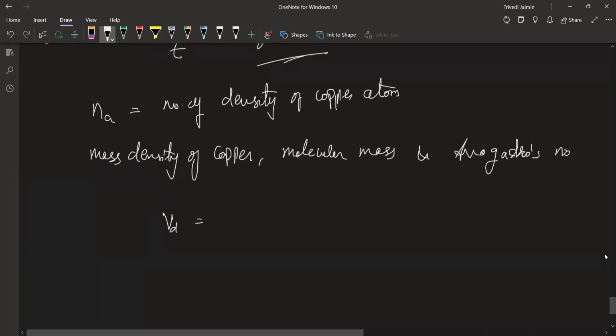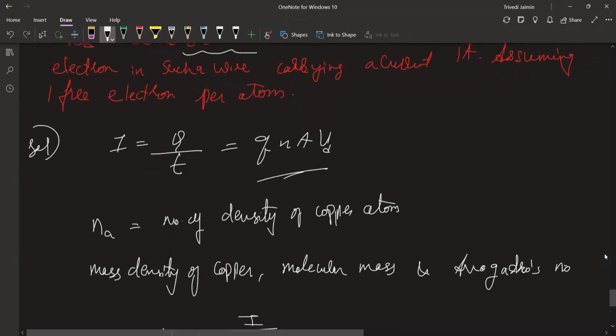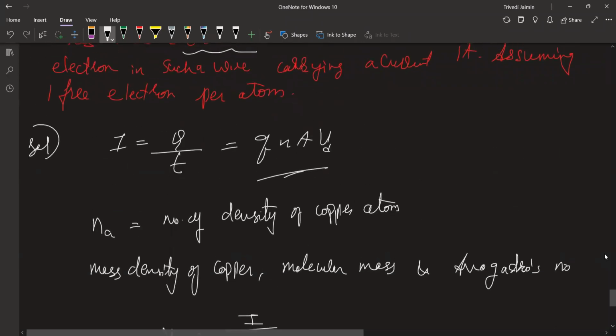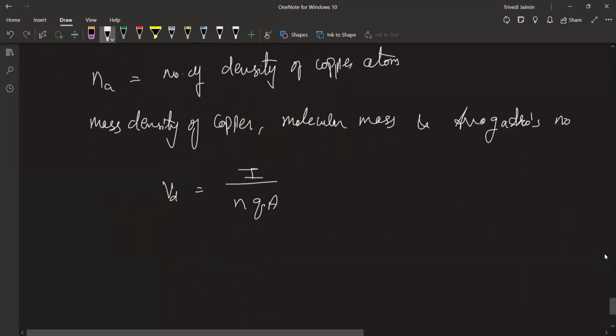Drift velocity, which is I by NQA, I by Q and A. Fine. And V potential difference is J by NQ.